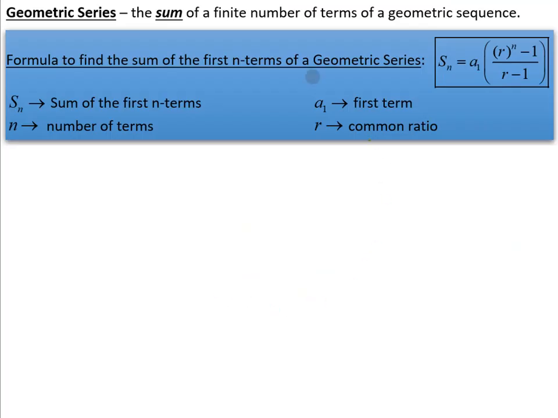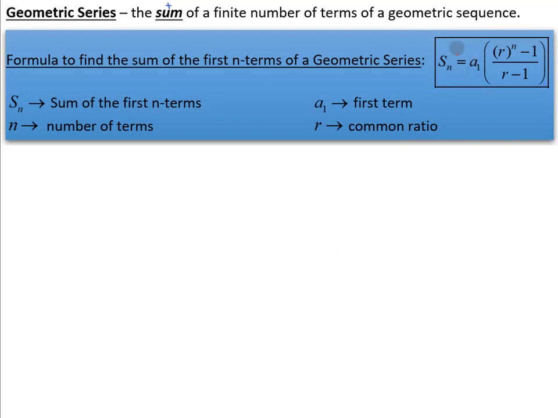Okay, what about geometric series? What if I want to add up a bunch of numbers that kind of follow a geometric pattern? A geometric series is the sum, meaning to add up, a finite number, meaning 10 terms, 20 terms, we're not going to infinity. So some finite number of terms of a geometric sequence if we want to add them up. And this is our formula we can use to add up the first n terms.